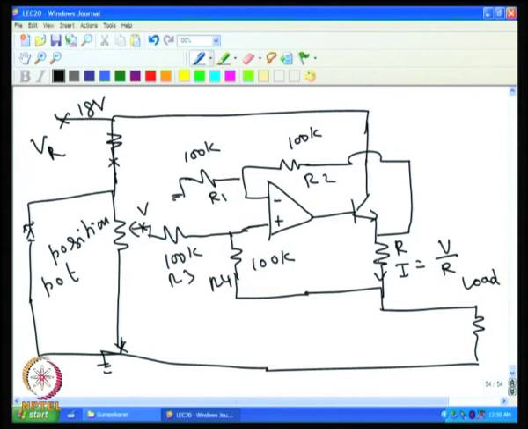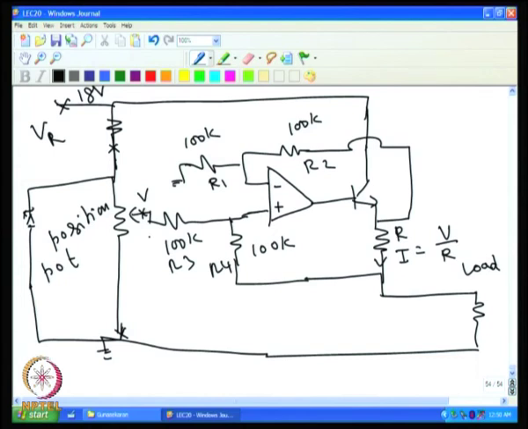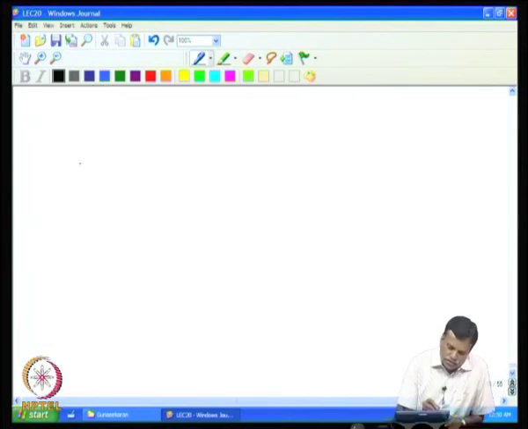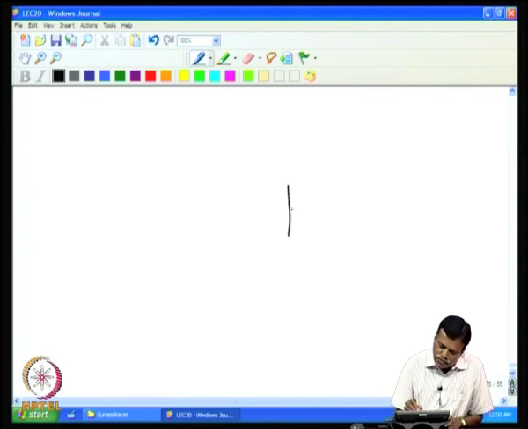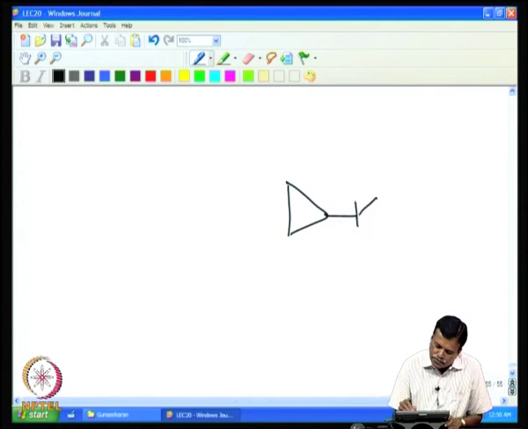But for this assumption to be valid, I have to make sure that I add voltage here as well as here. So, if I modify the circuit to the next level, it looks like this. We have the reference voltage coming in.